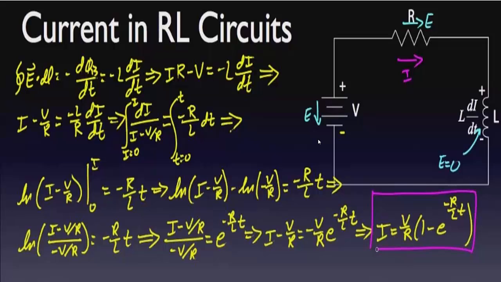So this is the formula to find the current in RL circuits, where V is the voltage of the battery, R is the total resistance, and L is the inductor.